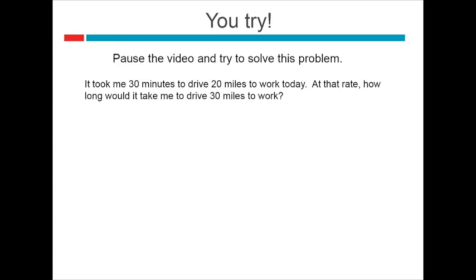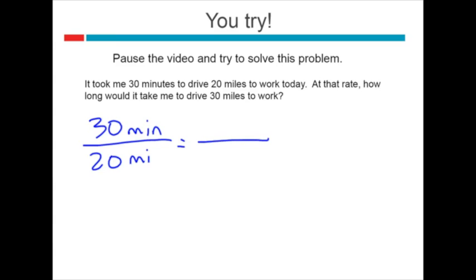All right, so this problem says it took me 30 minutes to drive 20 miles to work today. So that is going to be my first ratio, 30 minutes to 20 miles. At that rate, how long would it take me to drive 30 miles to work? So how long is referring to minutes, and how long would it take me to drive 30 miles?